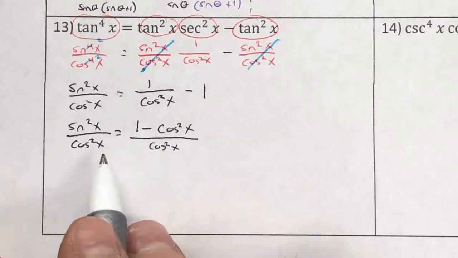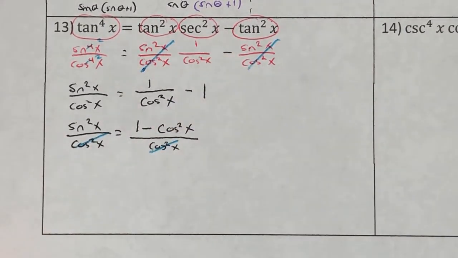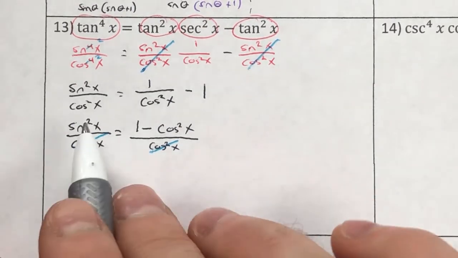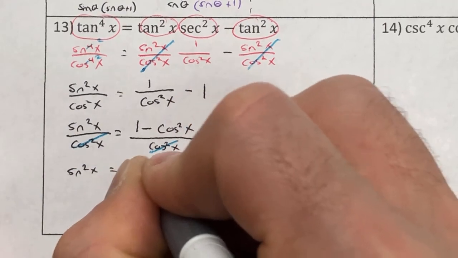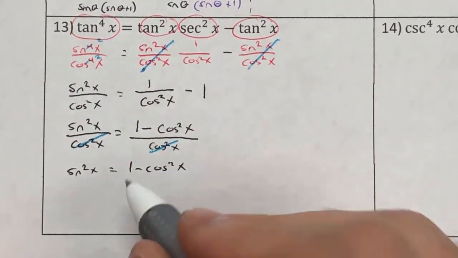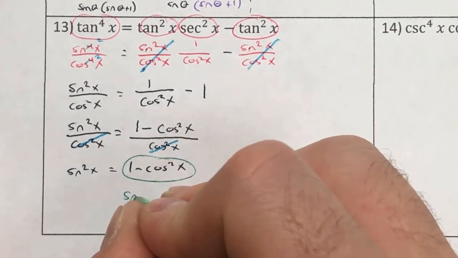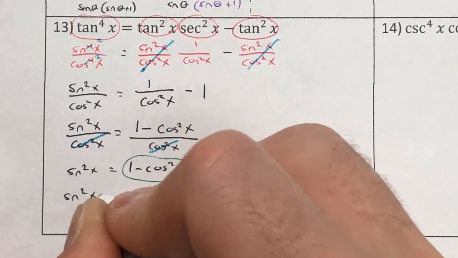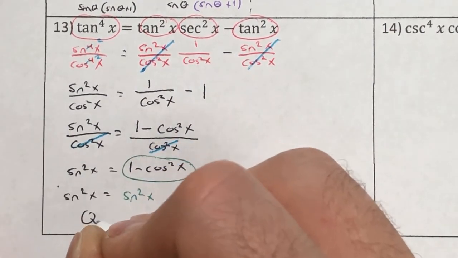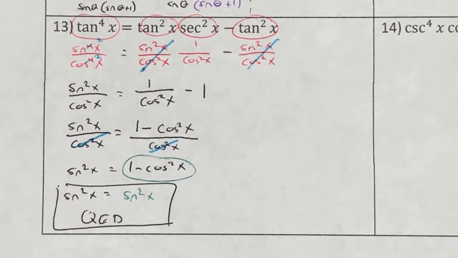I'll notice here that because the bottoms are equal, I can go ahead and multiply both sides by that and just basically get rid of it, which leaves me with the sine squared of x equals 1 minus the cosine squared of x, which can be rewritten through the Pythagorean identity as the sine squared of x. Quod erat demonstrandum. Done. And there you go.